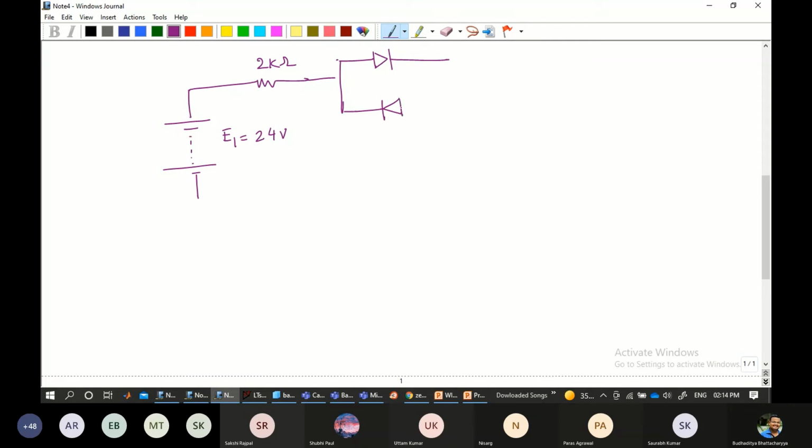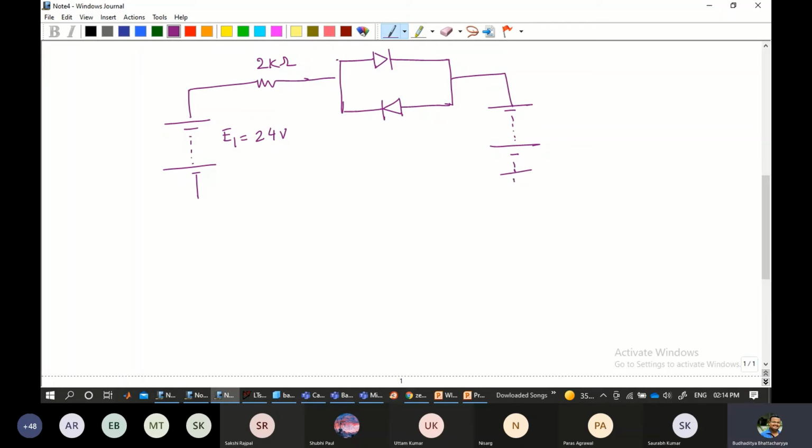So we have a supply voltage like this, suppose, and I'm mentioning it as 24 volts, and we have a 2k ohm resistor over here. All right, and we have a circuit which looks something like this, and we have a supply voltage again over here.